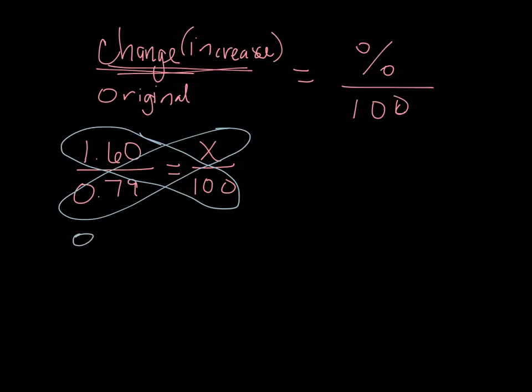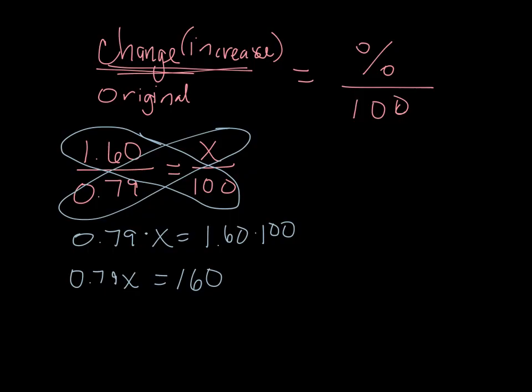We cross multiply, so we've got 0.79 times x equals 1.60 times 100. I multiply that, I get 0.79x equals 160. I solve that by dividing both sides by 0.79.